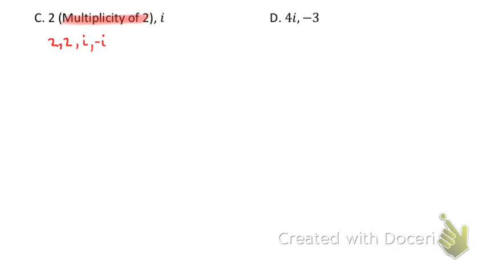Now we're going to turn each root into factored form. This first one turns into x minus 2. Remember, we're switching signs again. This one is also x minus 2.